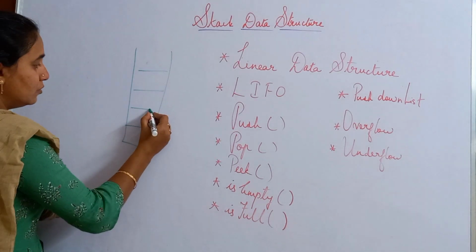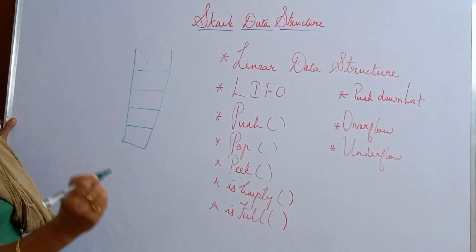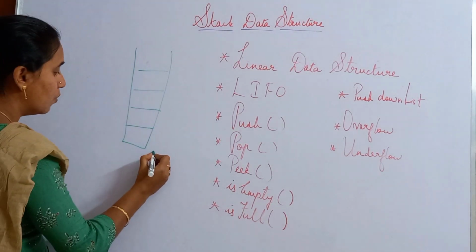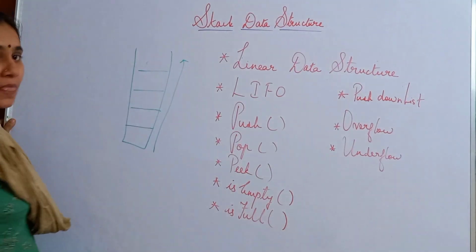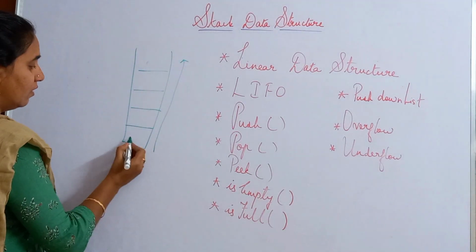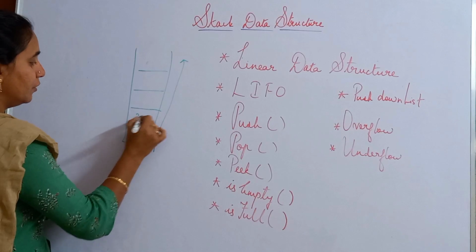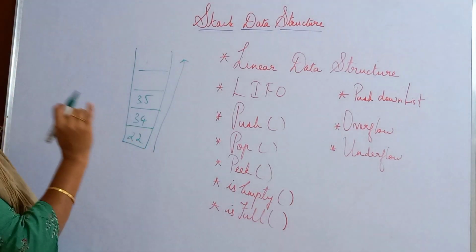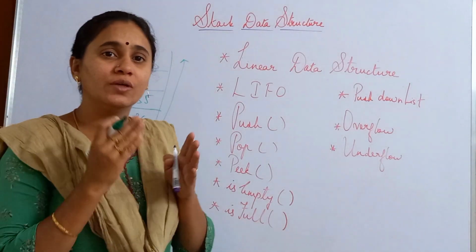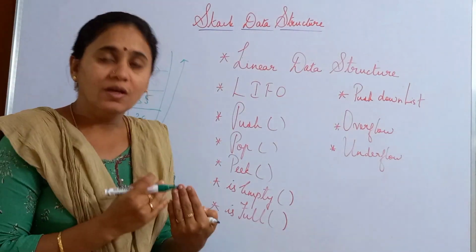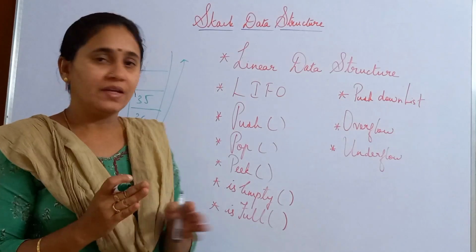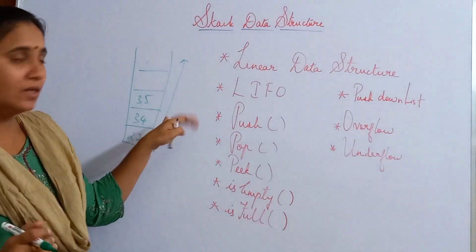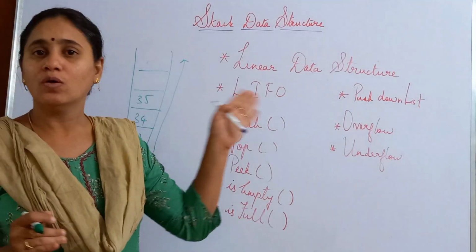The values or data get arranged or stored from bottom to top. For example, any values like 22, 34, 35. Like this, we arrange the elements that are received from the system in this order. That is the main concept of a stack.